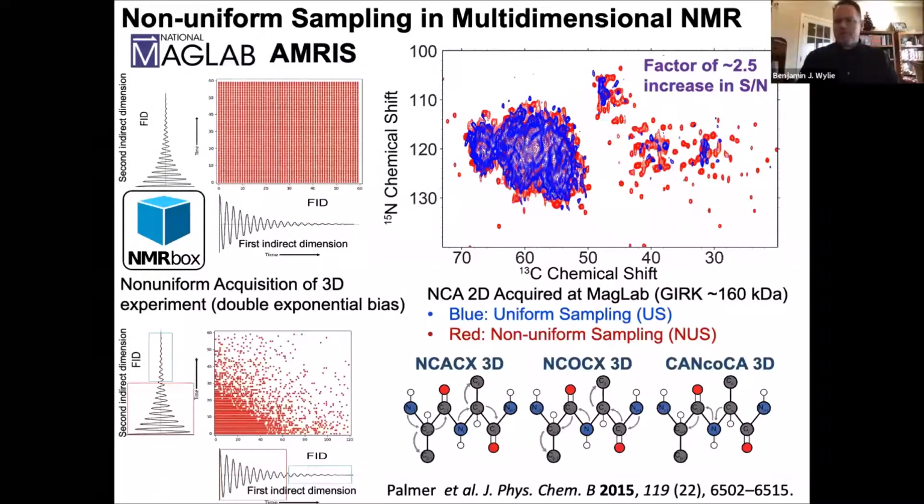Of course there are many, many contributions to this field going way back, but we adopted the treatment that Dave Rovnyak evangelized to me at ENC a few years ago, using this double exponential weighting. So we're doing non-uniform sampling with this double exponential bias that is going to dramatically improve our signal to noise, okay?